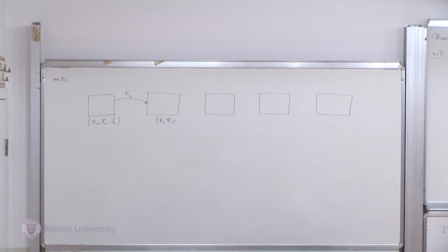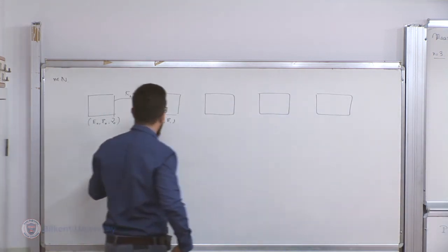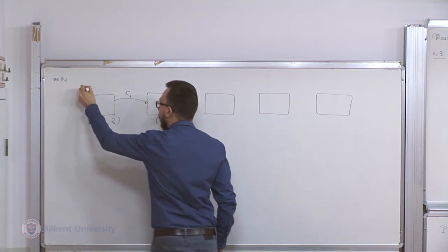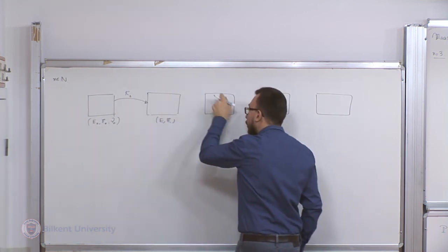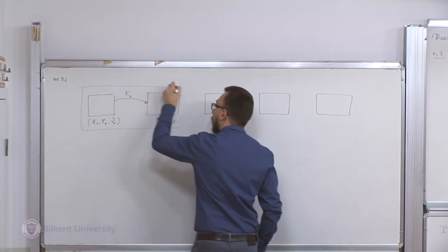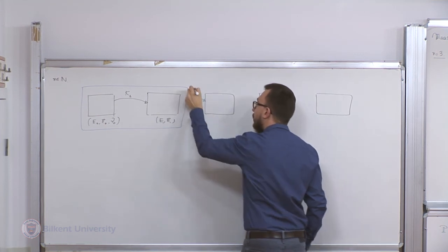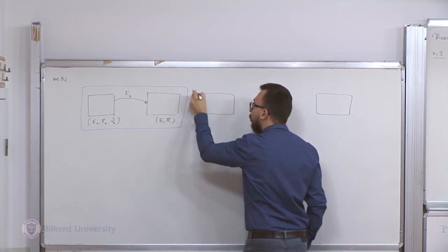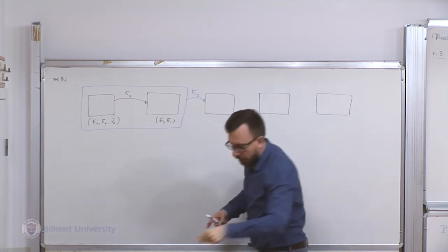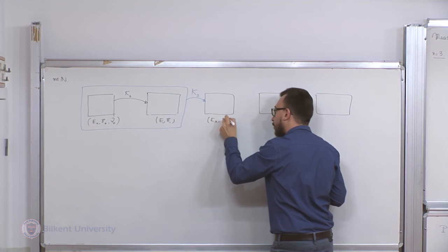What we're going to do now is more general than what we did here. And the generalization is that now we're going to take a kernel not from the second space to the third space, but from the product of the first two spaces into the third space. So this is going to be K2, because I call it script E2.